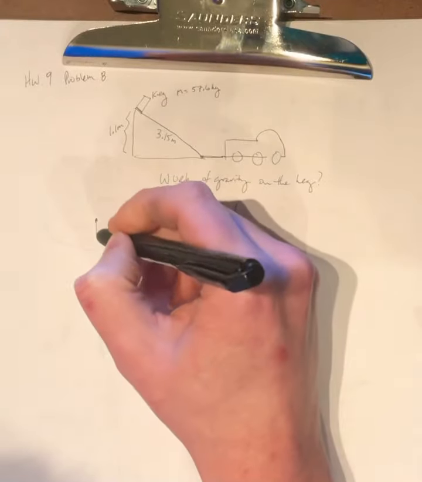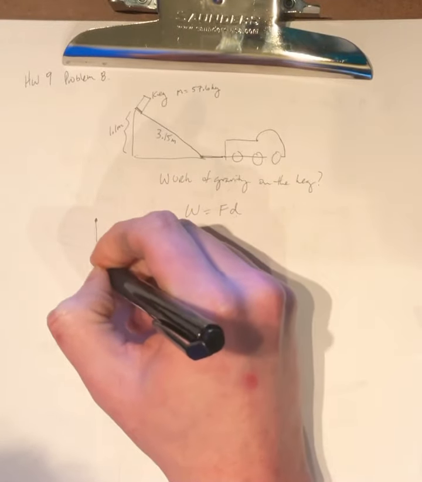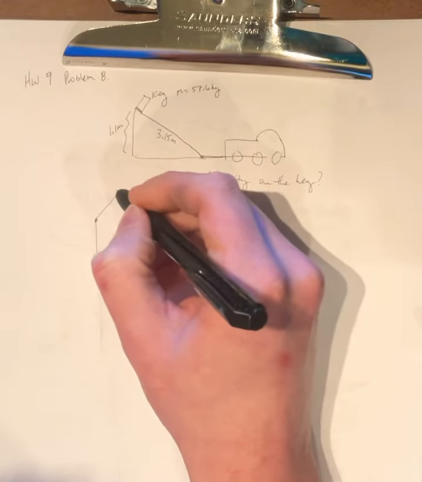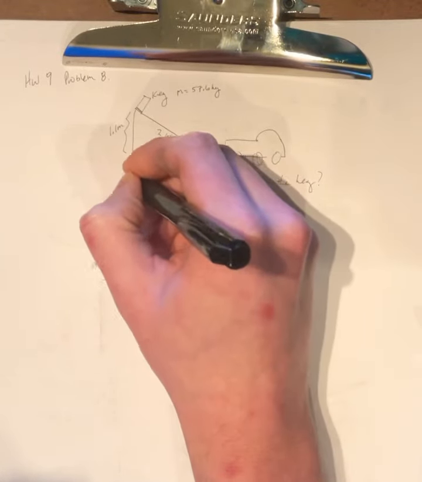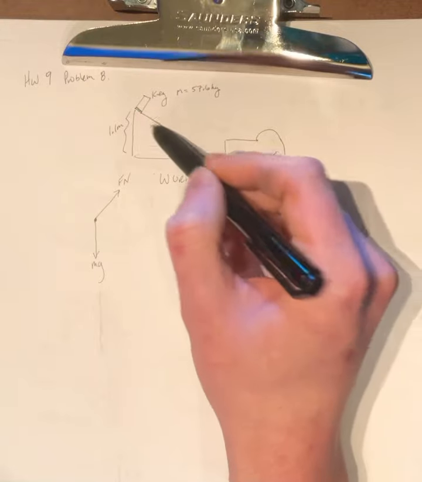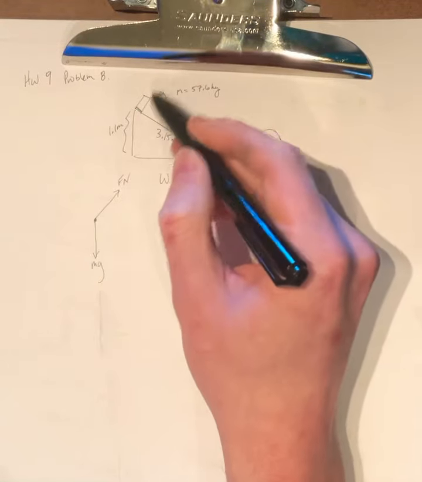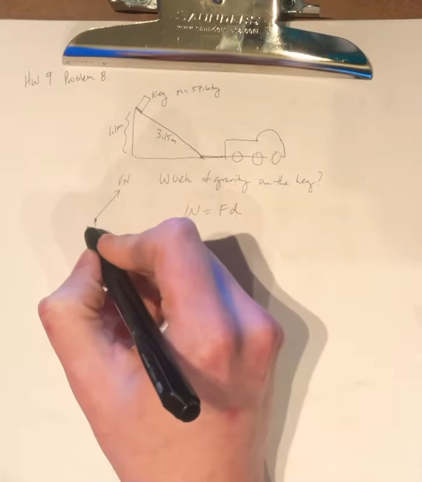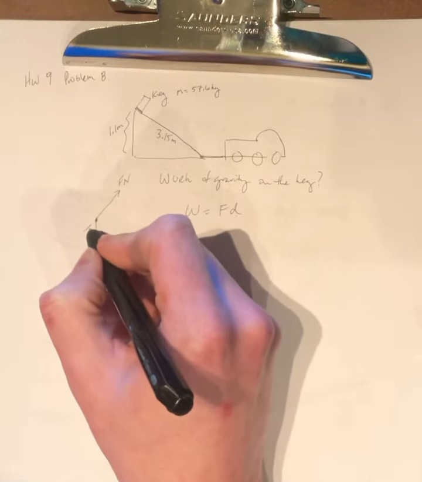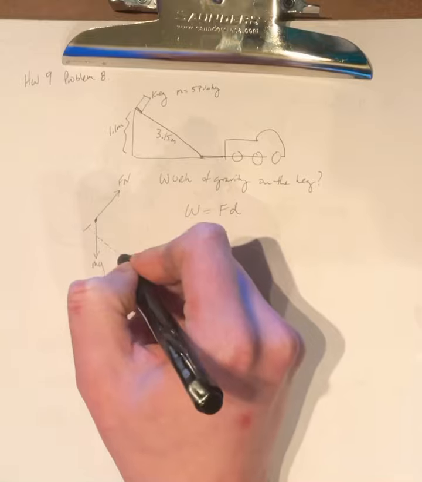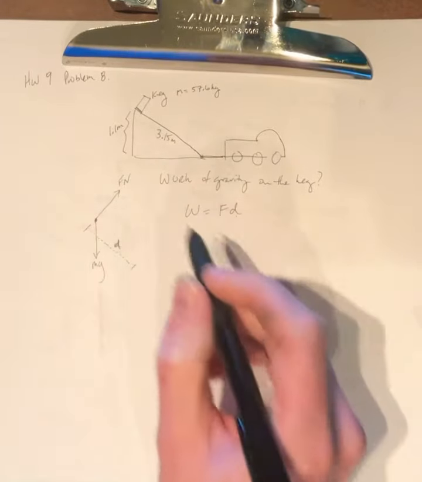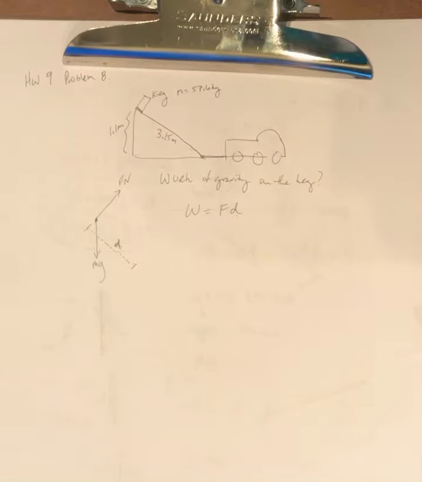Well, we have the weight force, mg. We have a normal force, right, from this plank pushing on the keg. And then our displacement is actually going to be from here down to the truck bed, right? So our displacement is going this way.